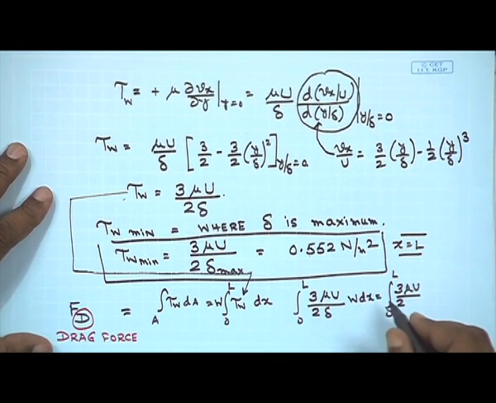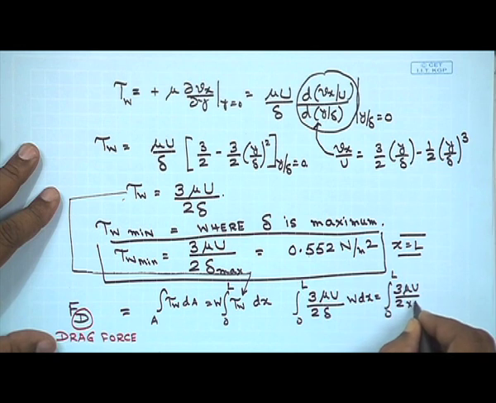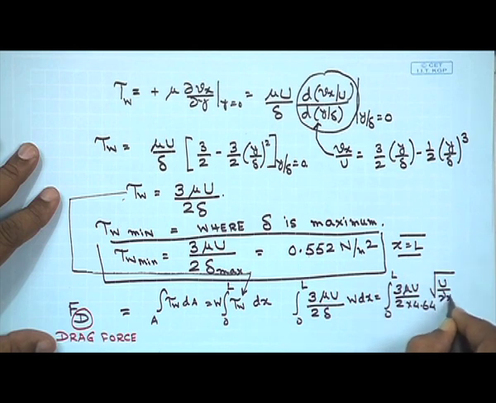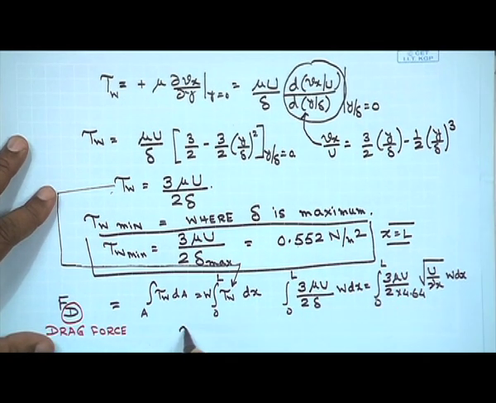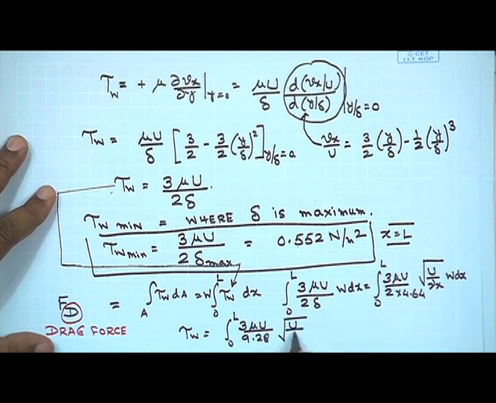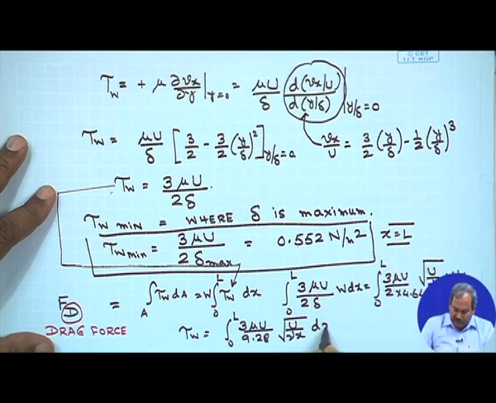If we put it in there, we get 4.64 root over u by nu x times W times dx. So tau W, the final expression, would be the integration from 0 to L of 3 mu u by 9.28 root over u by nu x times dx.